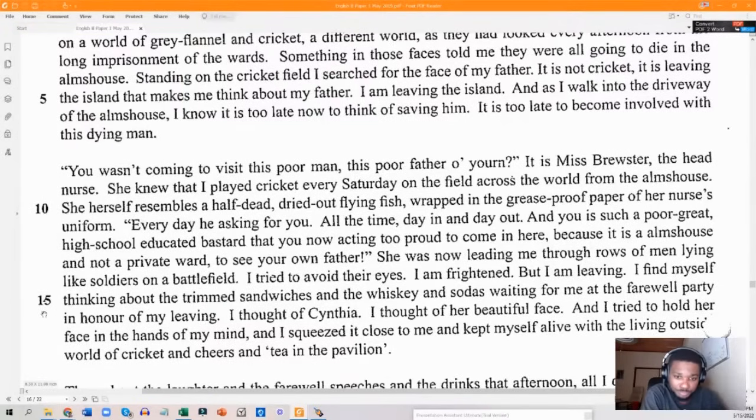I thought of Cynthia. I thought of her beautiful face, and I tried to hold her face in the hands of my mind. And I squeezed it close to me and kept myself alive with the living outside world of cricket and cheers and tea in the pavilion.